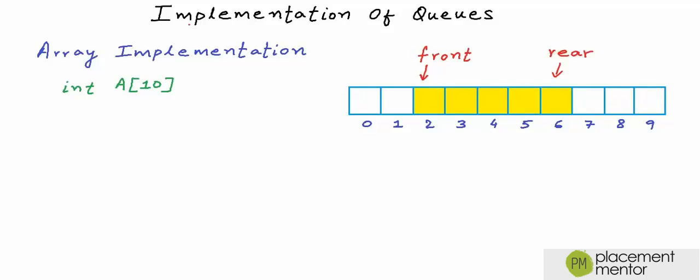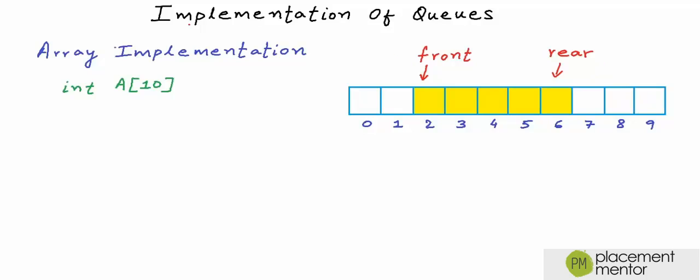In this array, I'm showing front of the queue towards left and rear towards right. In earlier examples, I was showing front towards right and rear towards left. It doesn't really matter. Any side can be front and any side can be rear. It's just that an element must always be added from rear side and must always be removed from front.